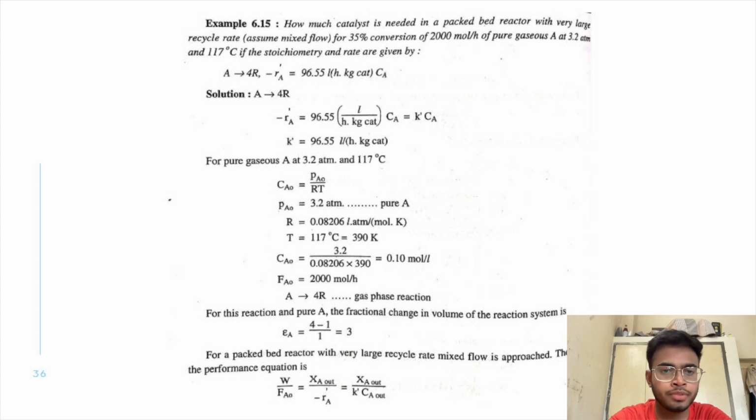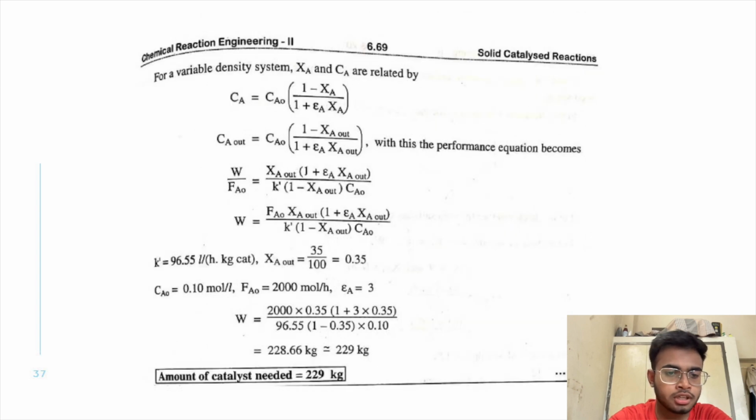In this question, we need to find the rate expression in terms of concentration of A, and then put that into the performance equation and solve the overall expression, which is W = FA0 XA (1 + εA XA) / (k (1 − XA) CA0). After substituting all of the data that we have been given, we obtain the amount of catalyst required for this particular reaction to be 229 kg. Thank you.